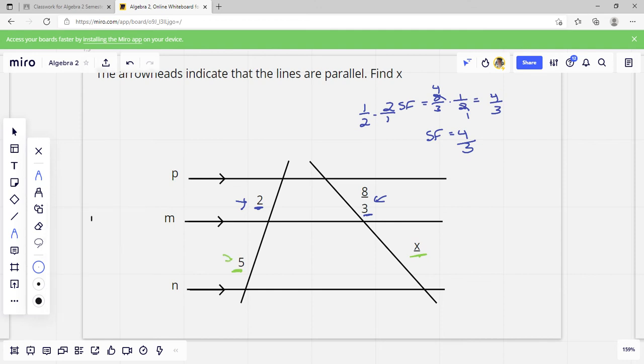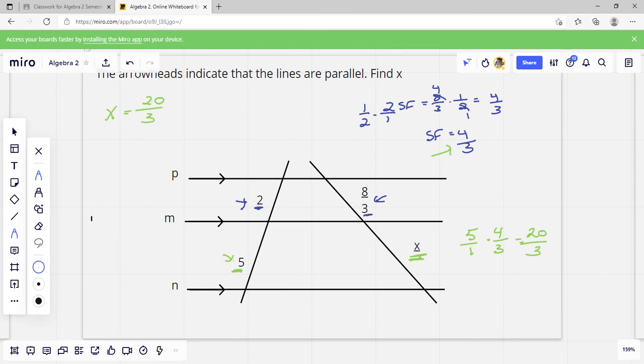So 5 over 1 times our scale factor, which is 4 over 3. 5 times 4 would be 20, and 1 times 3 would be 3. So x equals 20 over 3.